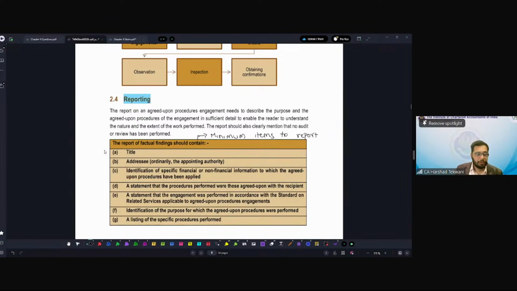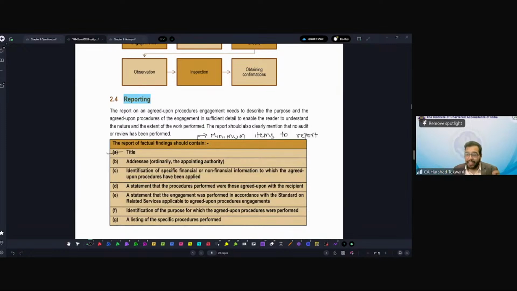Number one, the title. Unless the practitioner, the auditor, is independent, you are not required to specify the term independent. Remember, in an audit report, we mention independent auditor's report.